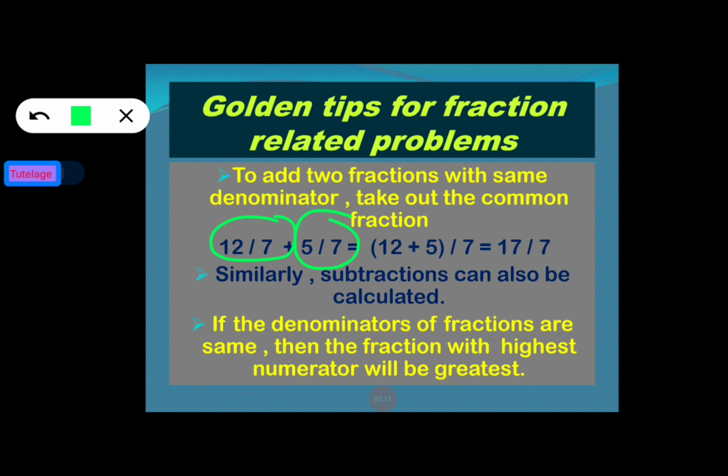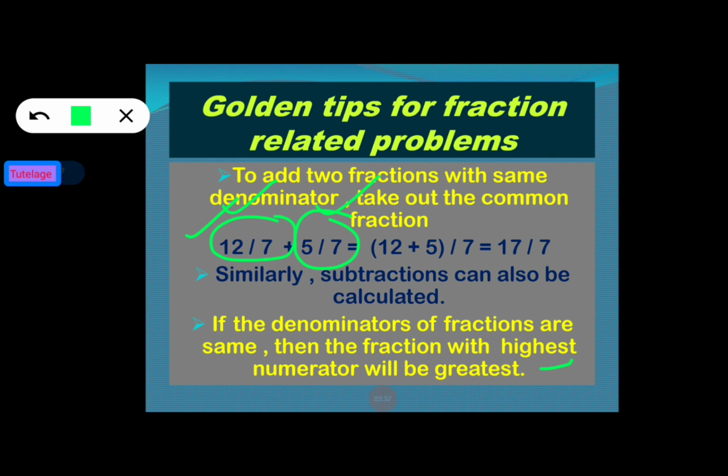So in between the two fractions 12 by 7 and 5 by 7, what is the highest numerator? That is 12. So obviously the fraction with the highest numerator, that is 12 by 7, will be the greatest.